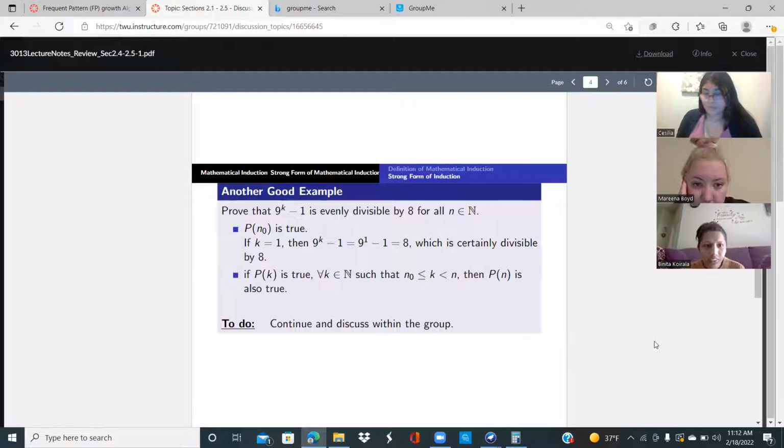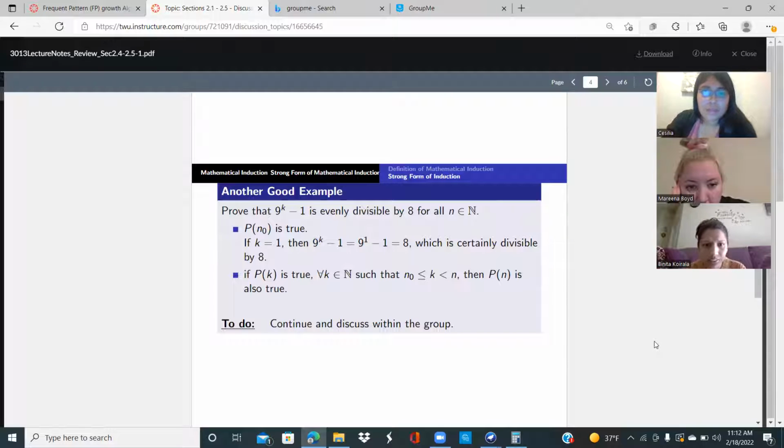Yeah. So here's another good example. Prove that n to the power k minus 1 is evenly divisible by 8 for all n elements of the natural numbers. P subset of n0 is true. If k equals 1, then n to the power k minus 1 equals 9 to the power 1 minus 1, which will be 8.